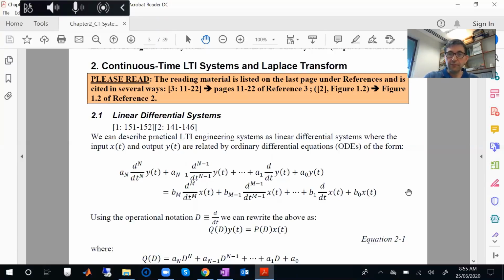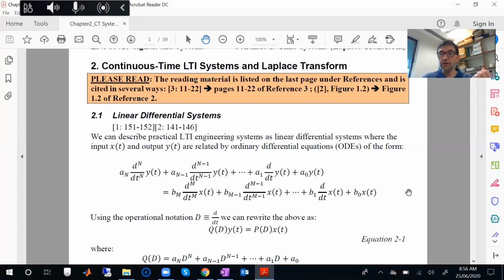Now, we shouldn't accept these equations unless we are convinced that these actually represent the systems that we will be using as engineers. Since most of you will be electrical engineering students, the basic linear time invariant system you would see would be what you would have seen in your first year circuits.